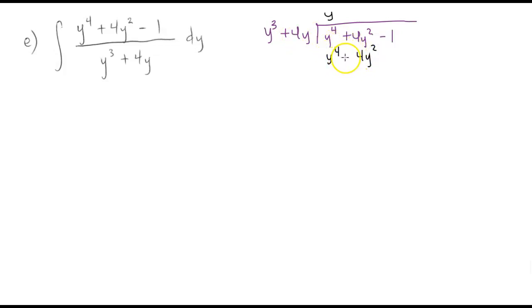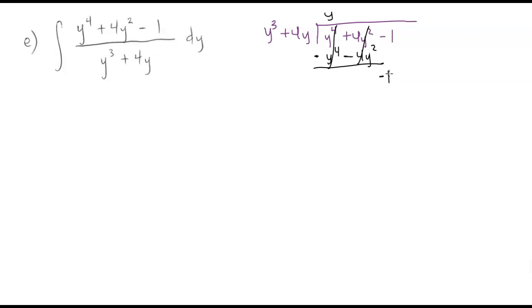And so now what we need to do is, since we have two positive terms here, we need to subtract, just like how we would with normal division. And so in doing that, we know that the y to the 4 terms cancel. We also see that the 4y squared terms also end up canceling. And all we have left here is a -1.